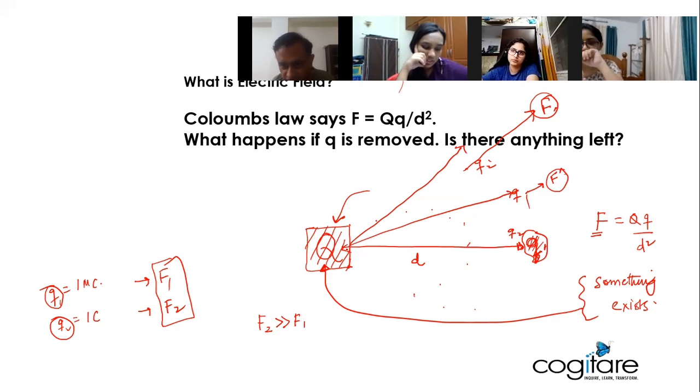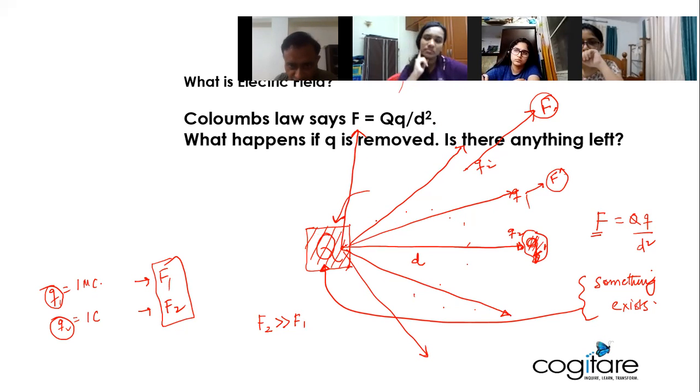They are not going to change. Do you agree to this? If I replace this capital Q with twice or thrice, then the field lines have to become more dense. But so long as I have a fixed capital Q out here around it, the field lines are going to be the same. They are not going to change. Do you guys agree to this?